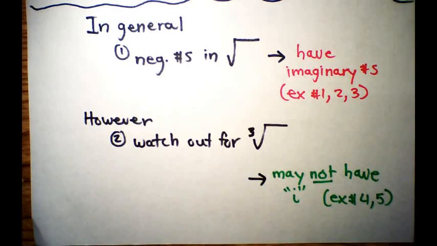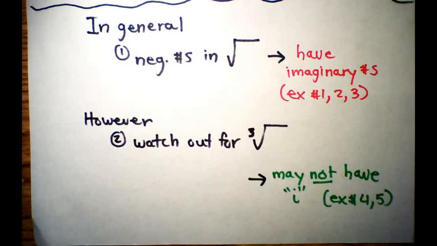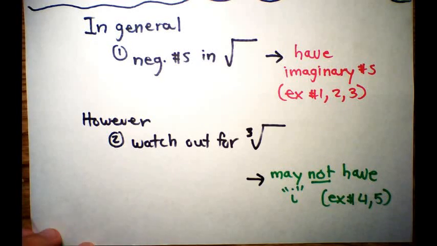However, like the last two examples, 4 and 5, watch out for cube roots, because you may not have imaginary numbers if you have a negative inside that cube root. It may be something like negative 3 times negative 3 times negative 3, which is negative 27. Under that cube root, you don't need imaginary numbers with that. So please look back over those two examples number 4 and 5. So this is the recap for this lesson on imaginary numbers.